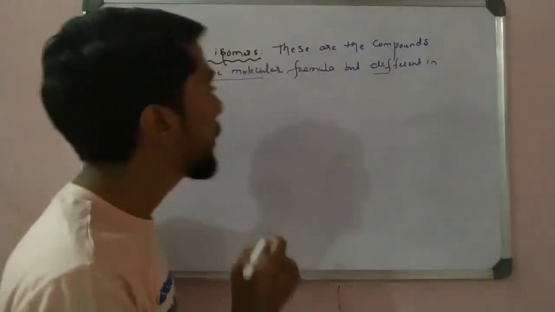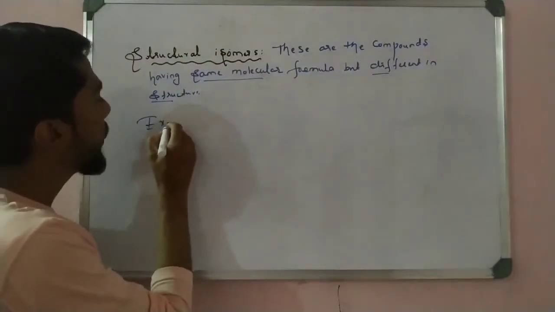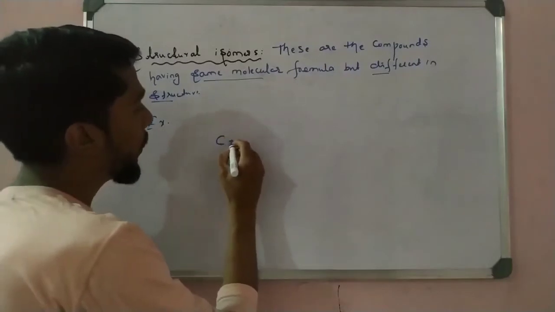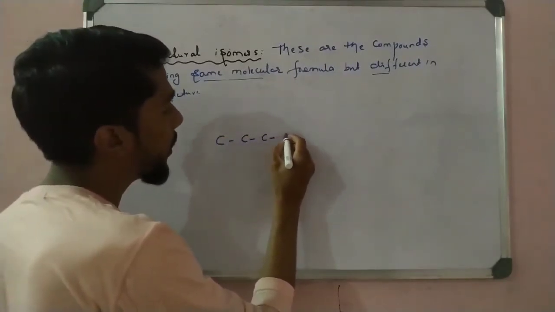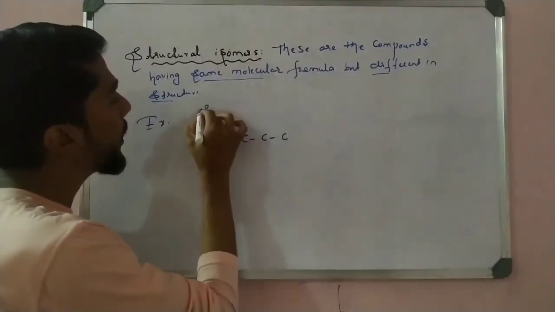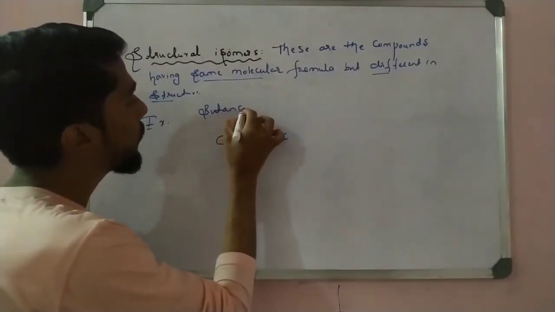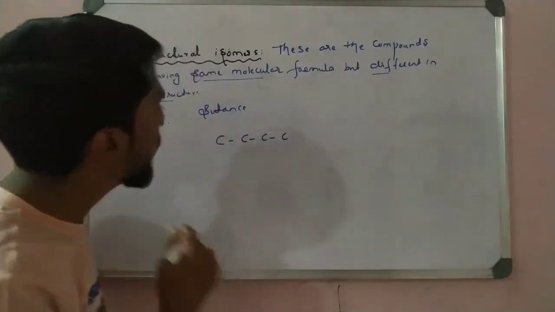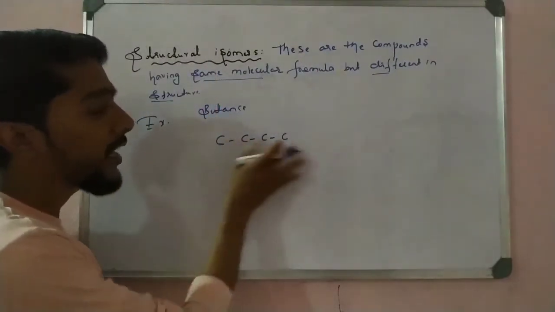For example, let me take one with 4 carbons: 1 carbon, 2 carbon, 3 carbon and 4 carbon. What is this? It is butane, because of 4 carbons with single bonds, an alkane. One arrangement is a straight arrangement.